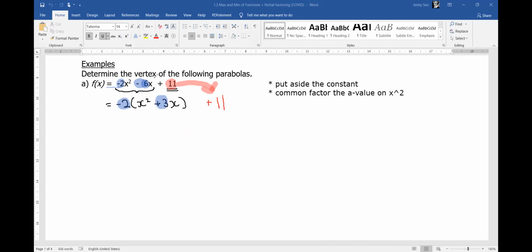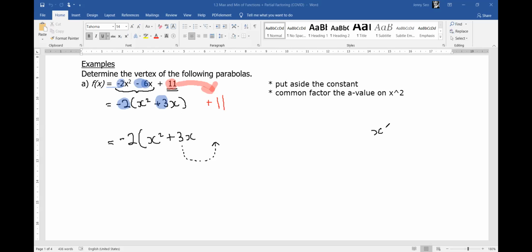All right, so next step is I'm going to take this middle value and create a third term to make this into a perfect square trinomial. How do I do that? If I want to turn this into a perfect square trinomial, you're going to take this middle number, divide by 2, then square it. That is how you will get the perfect square.